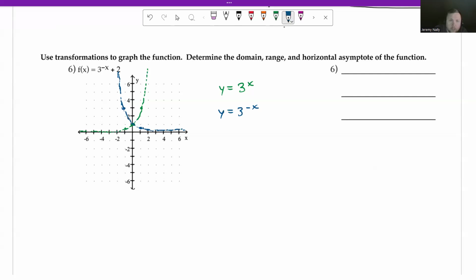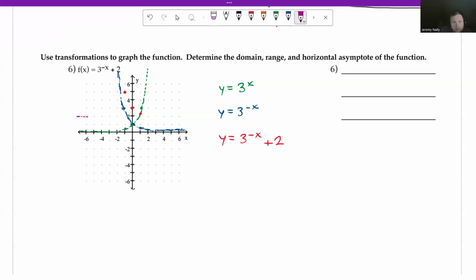So far the horizontal asymptote is just the x-axis itself. Now when we add 2 for the final version, everything is going to get shifted up by 2, including our horizontal asymptote.